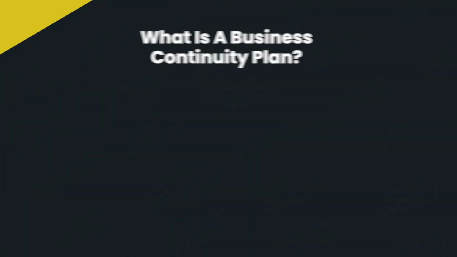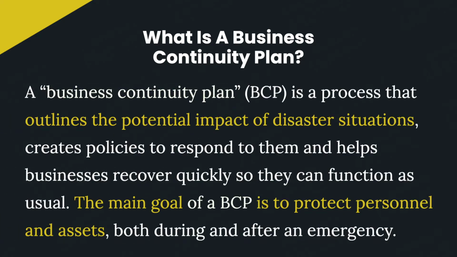A business continuity plan is a process that outlines the potential impact of disaster situations, creates policies to respond to them, and helps businesses recover quickly so that they can function as usual. And typically the main goal of a business continuity plan is to protect personnel and assets both during and after an emergency. So basically it's a plan for when something goes wrong.